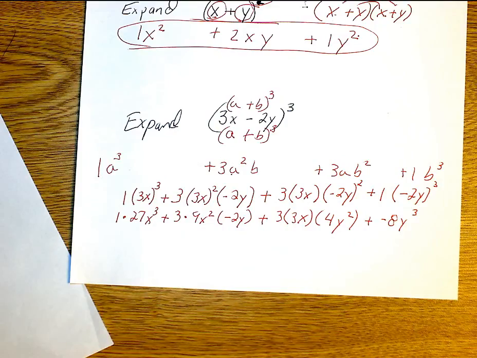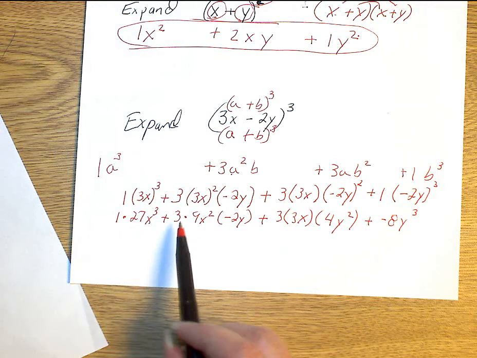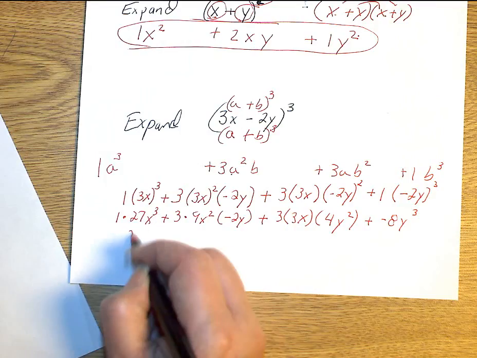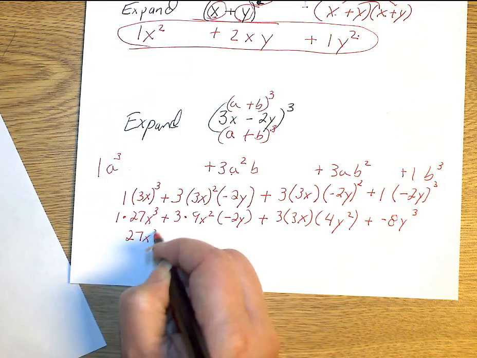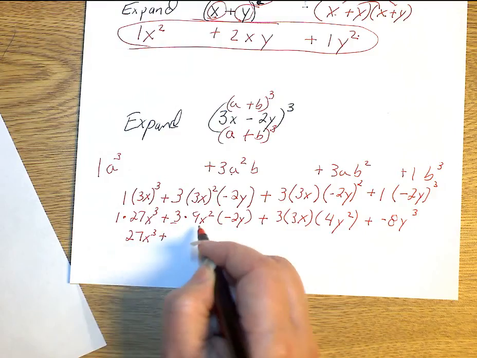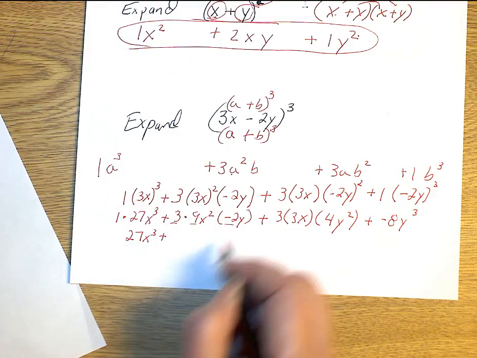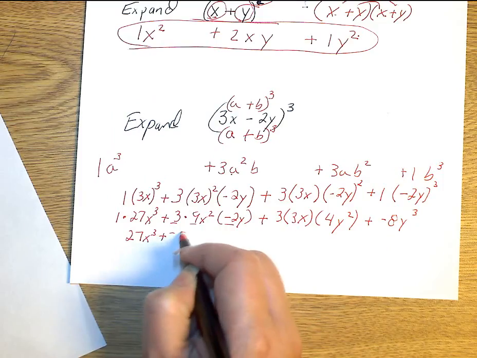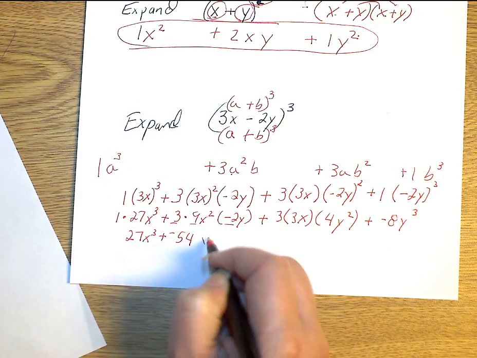Last row, last time through, is our final cleanup, meaning to multiply any numbers we have. So we have 1 and 27 gives me 27x cubed, plus 3 times 9 times negative 2 is a negative 54x squared y.